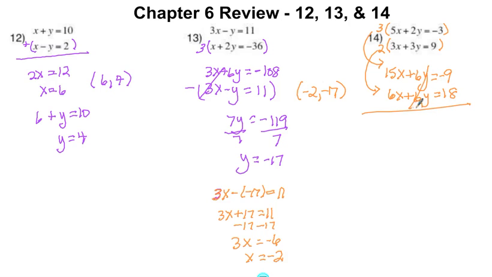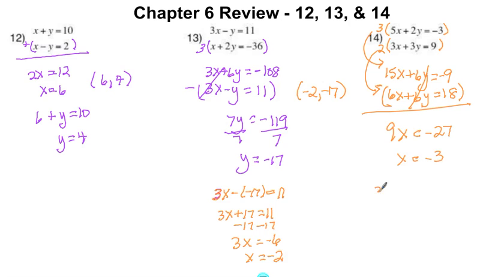And then when this drops out, I get, and remember we're subtracting, and if you need to put the subtraction sign in the parentheses, so 15 minus 6 is 9x, and then negative 9 minus 18 is going to give me negative 27. So x is going to be negative 3. Then I'm going to plug it back into one of my originals, and I'm going to pick the second one.